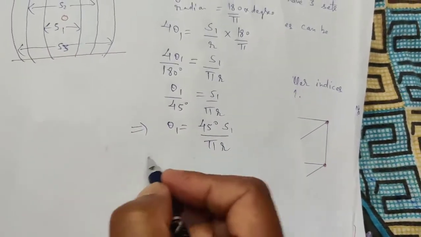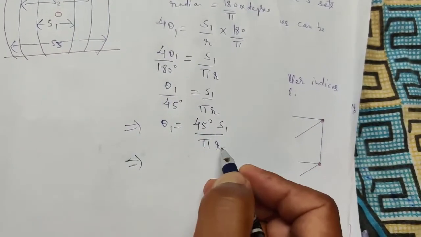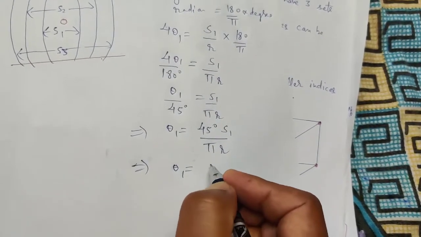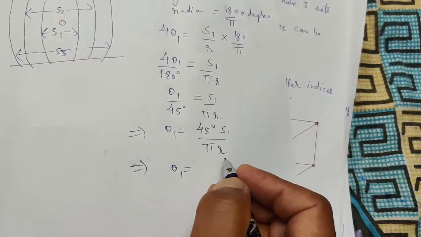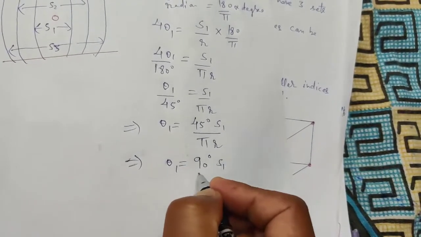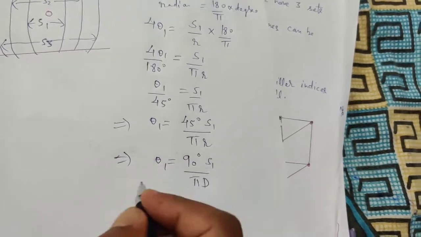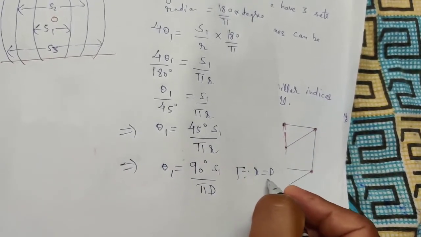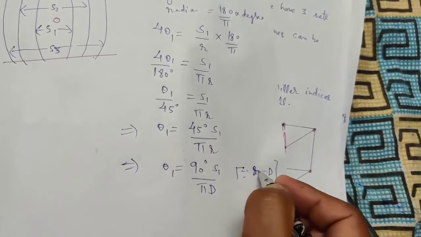This is in case of radius. If you write this in case of diameter, since radius is half of the diameter, theta 1 will be 90 degree s1 upon pi d.